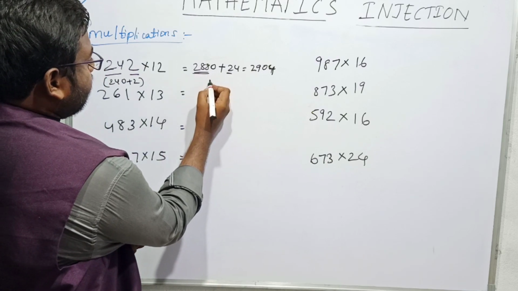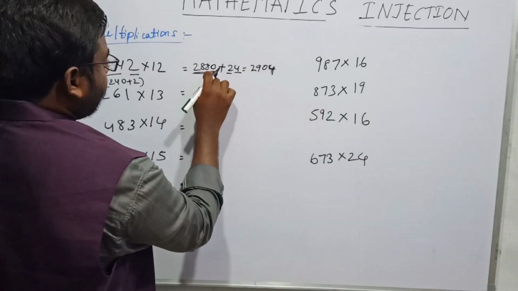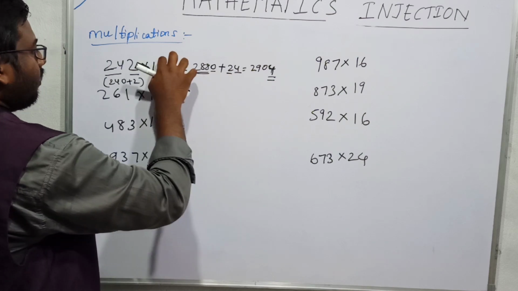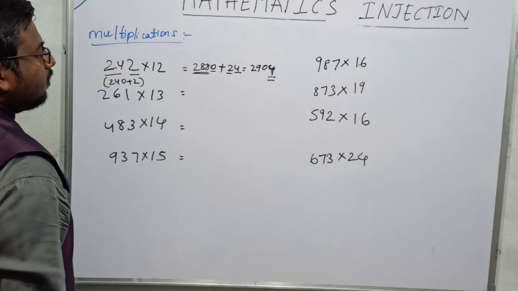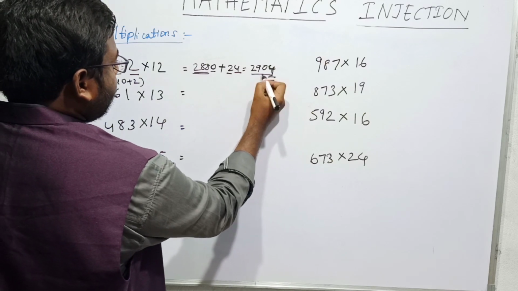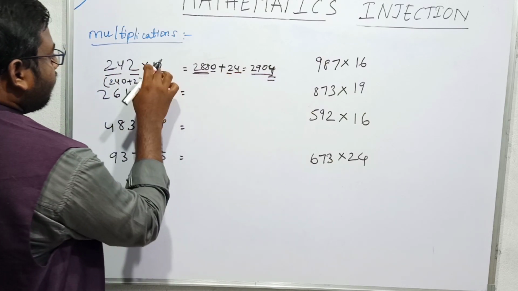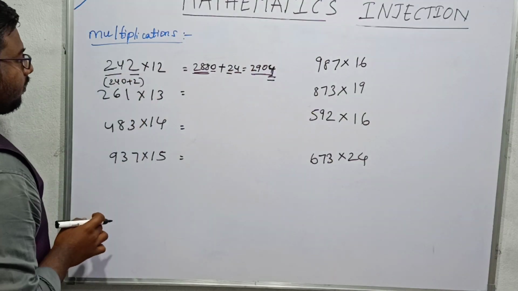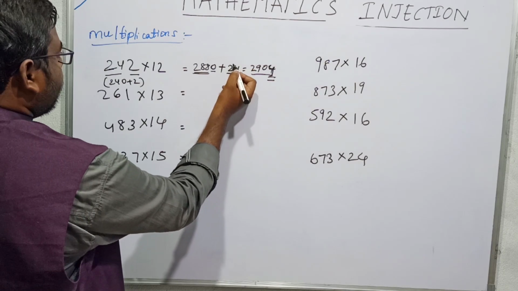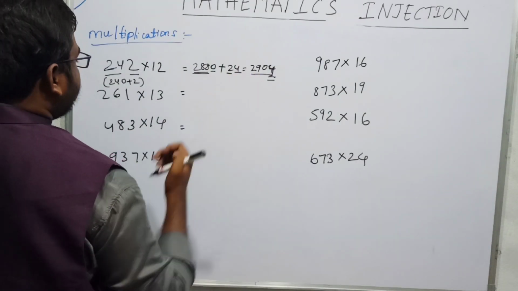So if we observe this clearly, as we observed before, 0 plus 4, the 0 is merged with 4, and 4 will be the unit digit, because that 4 came from 12 into 2. What we added to get 290 means we added 2 to 288, where this 2 came from 12 into 2, the digit left before the unit digit, and this will be added to 288, and this will be 290.